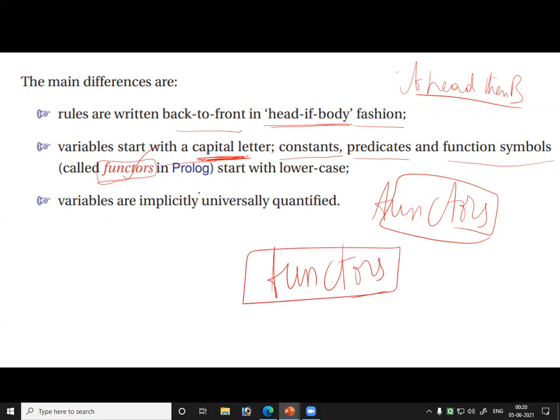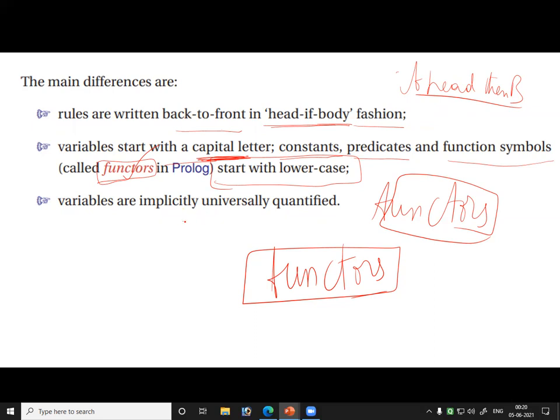All function symbols start with a lowercase letter, whereas constants and predicates start with a capital letter, and variables also start with a capital letter.